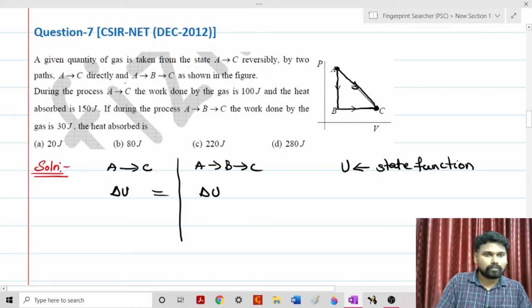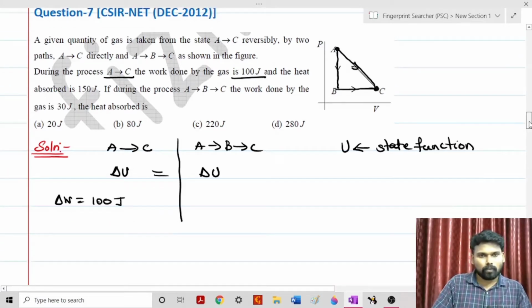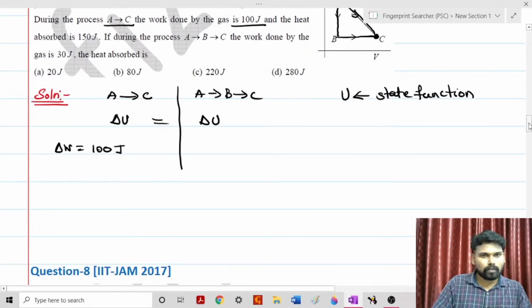So I will write the quantities. During the process A to C, the work done by the gas is 100 joule. Here the work done, delta W is equal to 100 joule, and the heat absorbed, delta Q is equal to 150 joule. So what is delta U? You can find delta U from here.